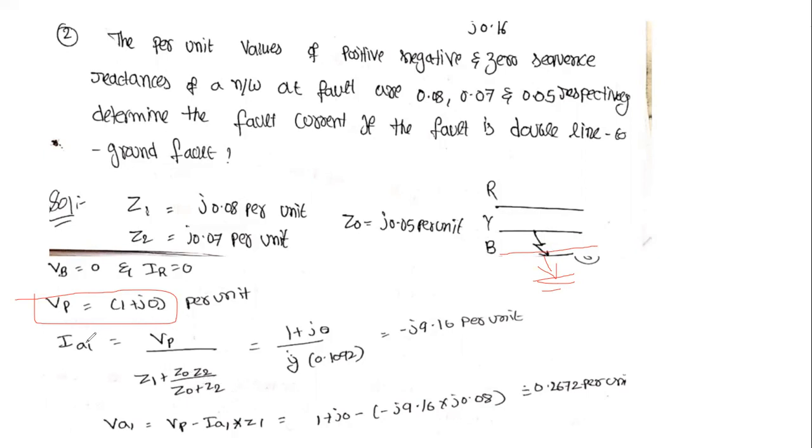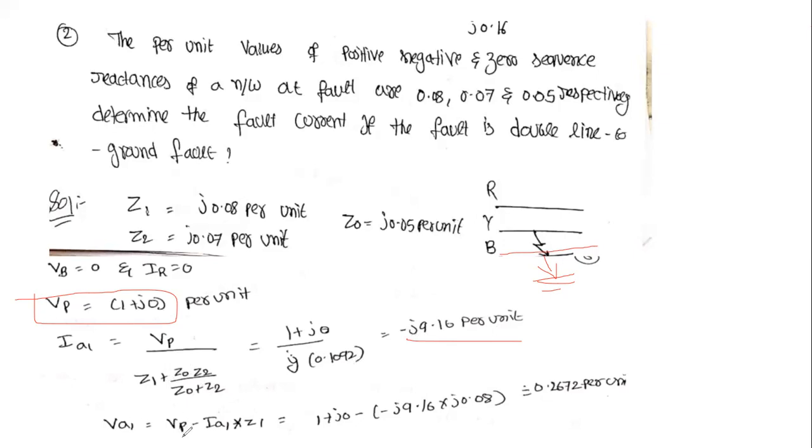This is the formula for calculating the R phase current, IA1. We substitute all the impedance values in this formula, where Z1 is the positive sequence impedance, Z0 the zero sequence impedance and Z2 the negative sequence impedance. Then we easily obtain IA1 equal to minus J9.16 per unit.